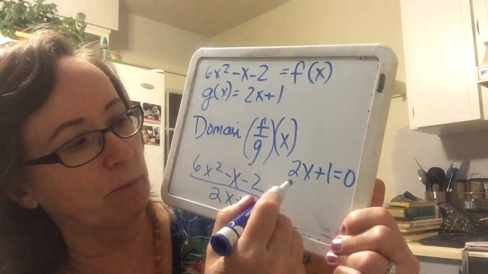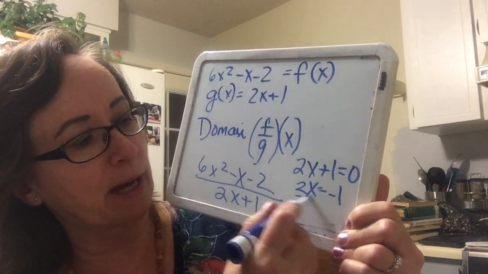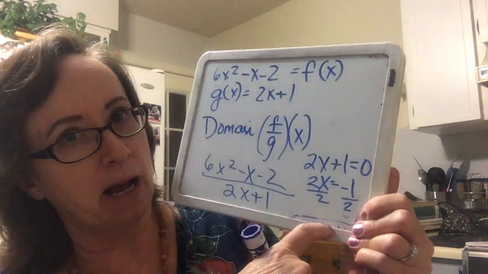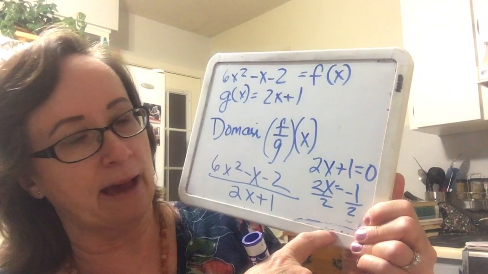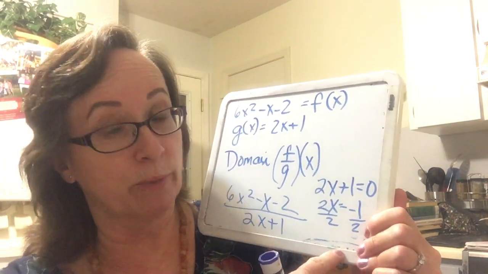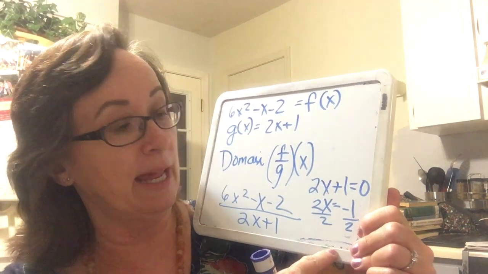If I take the 1 away from both sides, I get 2x is negative 1. I divide by 2 on both sides, and x is a problem when it's negative 1/2. Okay, so I would say x is all real except that x cannot be negative 1/2.